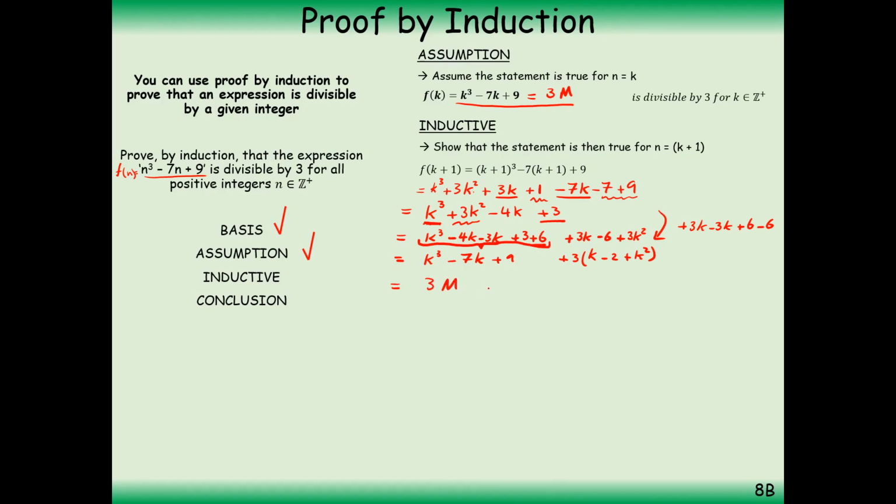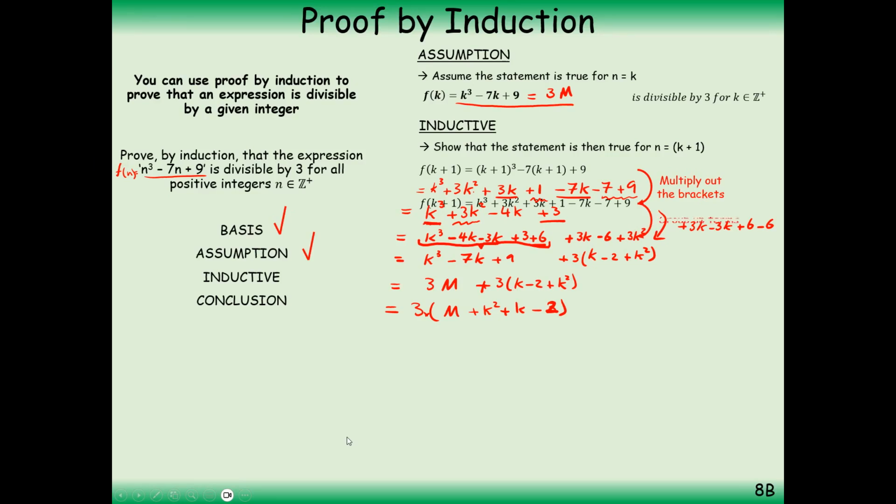And now we have an extra factor of 3 in front of this other bracket, which I could have rearranged, but I'm going to leave it as it is now. So finally, I can factor 3 out of everything and say that we have shown that everything has a factor of 3. Therefore, in conclusion, we can say by induction, we have proved that our formula holds for all positive integers k.